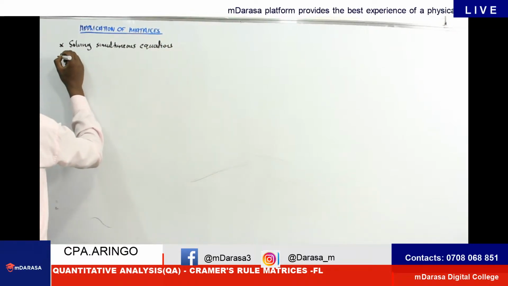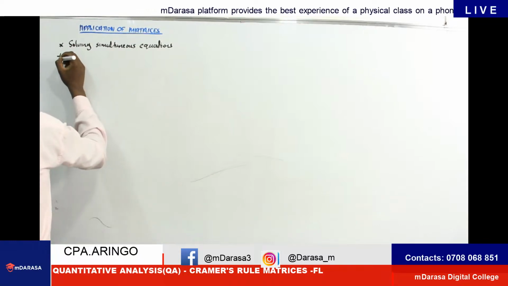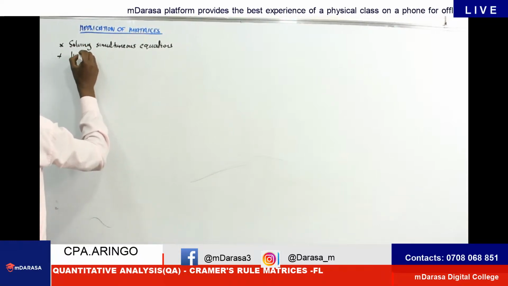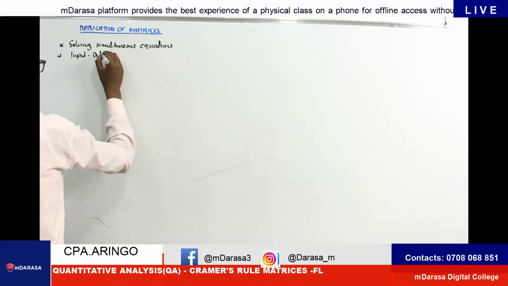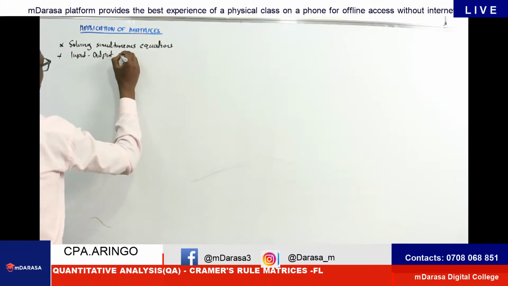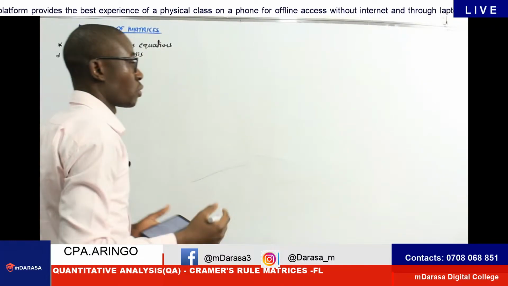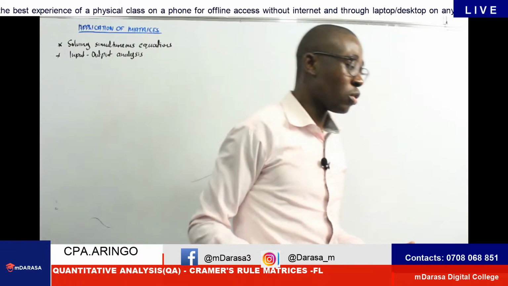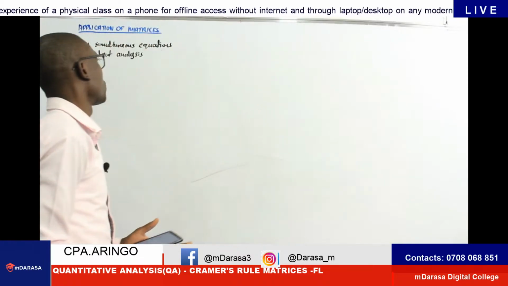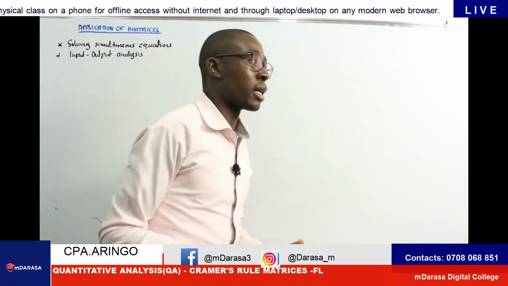Number two, talk about the input-output analysis. Of course, input-output analysis is a concept of economic factors, whereby whatever you produce is what you are going to generate, and it also depends on how the market will behave.